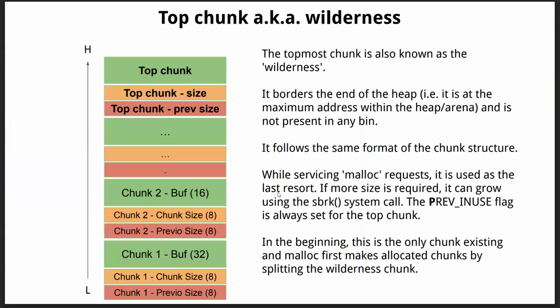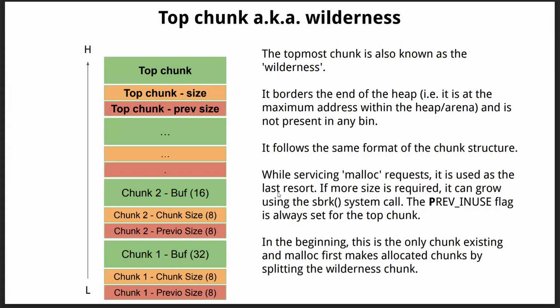Okay, so like I said before, when the program runs for the first time, there is only one big chunk. We split it into smaller ones, right? That chunk we call the top chunk or wilderness chunk, and the end of it is basically the end of the heap.